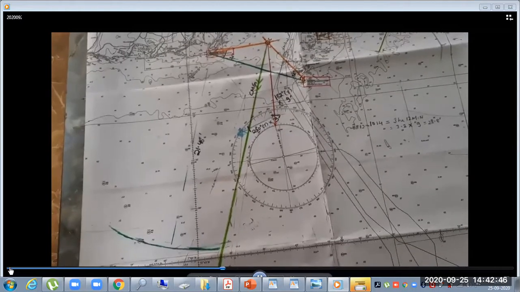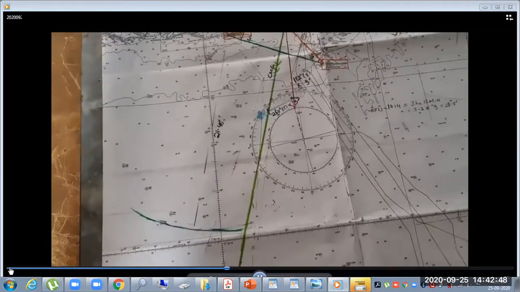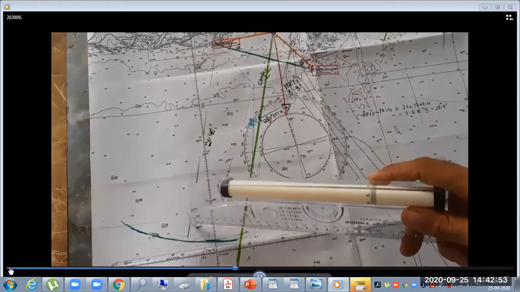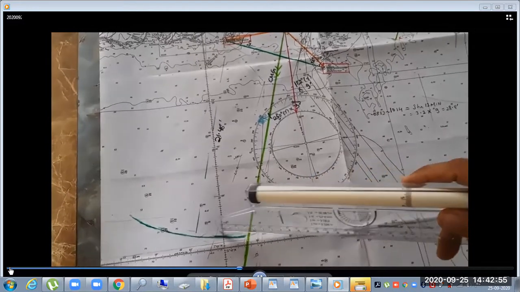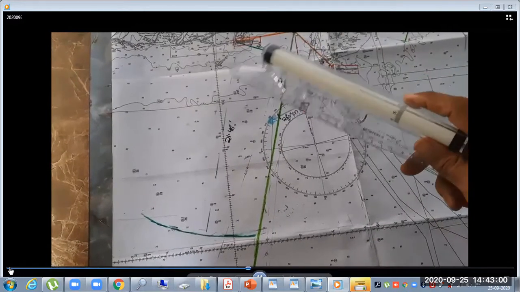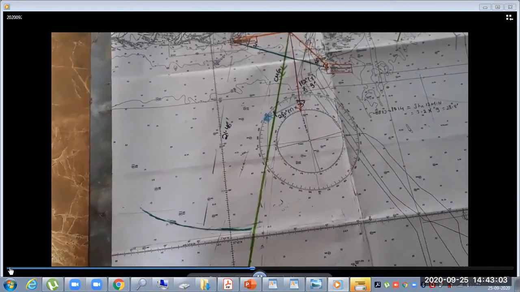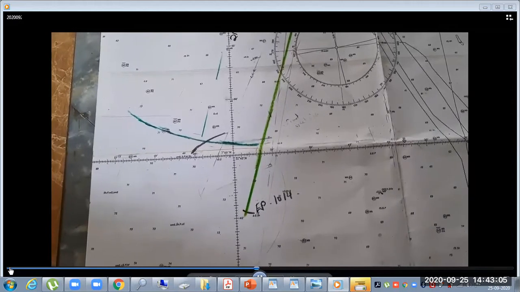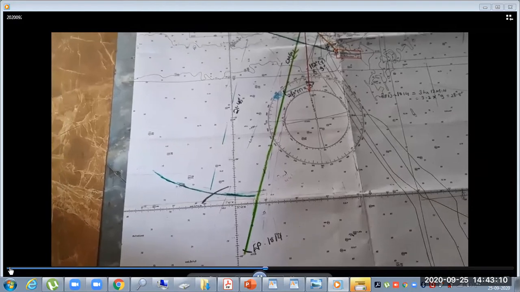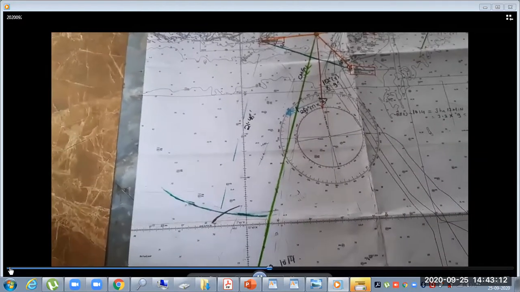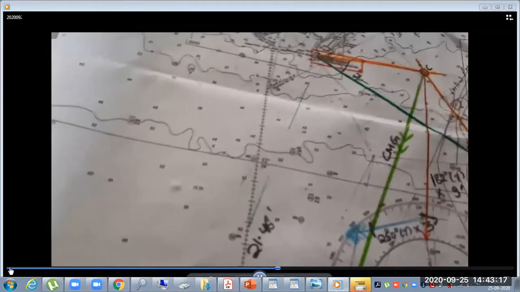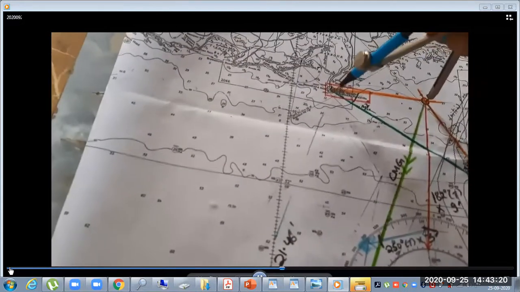Now you can see from Hook's Head we have drawn an arc of 21.46 miles. That is our position circle, or the range circle, of Hook's Head. The range of 21.46 we saw in the calculations. Now we have to transfer the position circle from this Hook's Head center line.